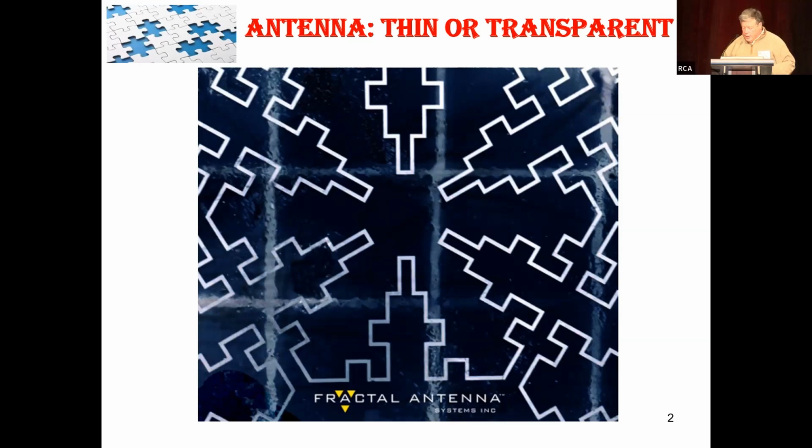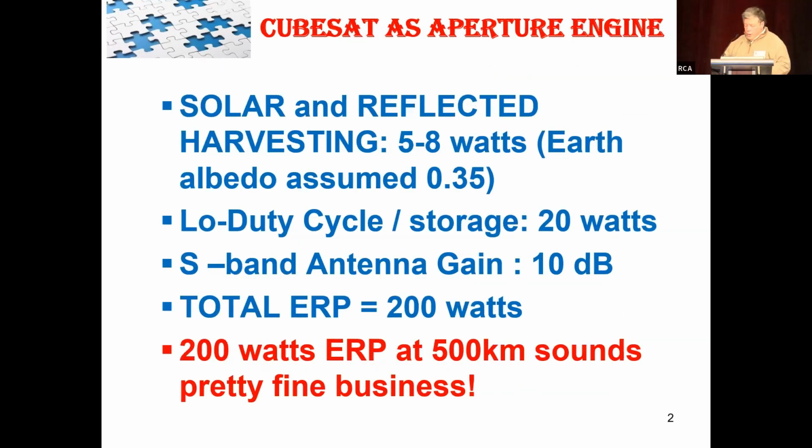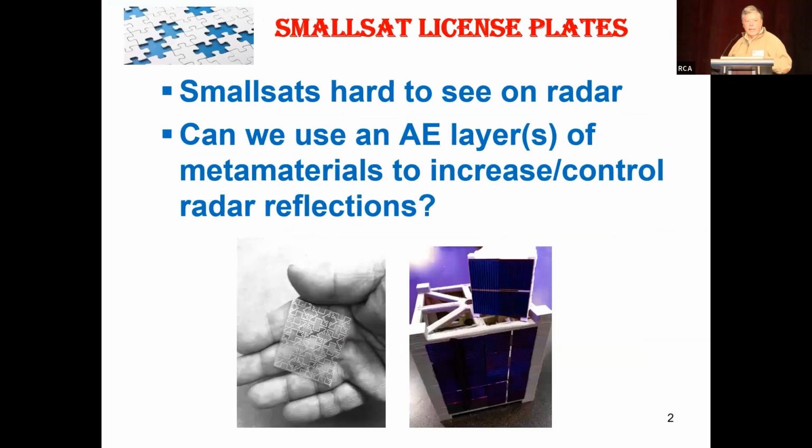All right, so now I'm going to extend the idea of aperture engine, not just to get beyond the RF feeble problem, but can we also deal with the notion of using it as a tag, as a license plate on a satellite? If you have a satellite that's this tiny or even smaller than that, it's very difficult to track that orbit continuously from a ground-based S-band system.